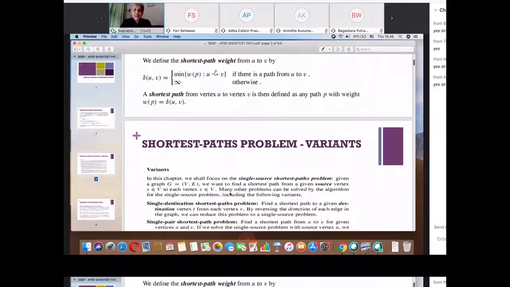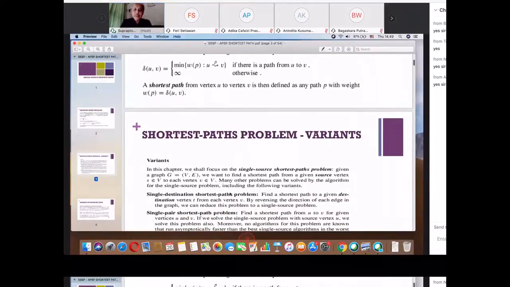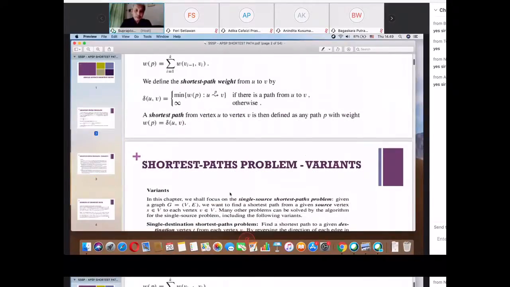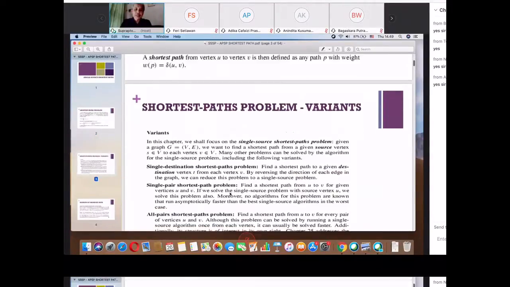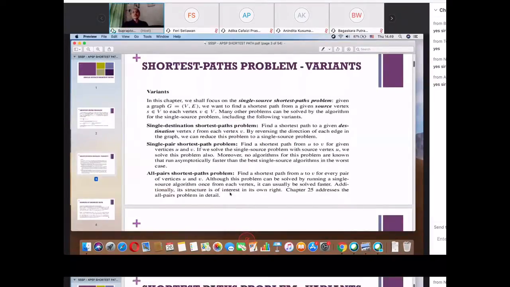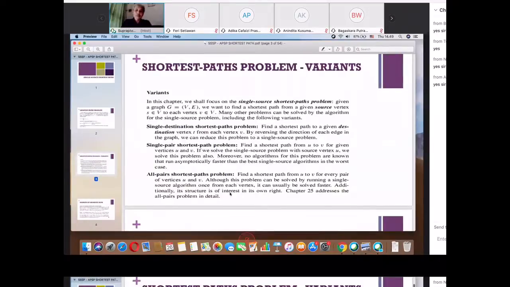Okay, and these are several variants of the shortest path problem. One is the single destination shortest path problem. It's just the opposite of the single source shortest path problem, right?